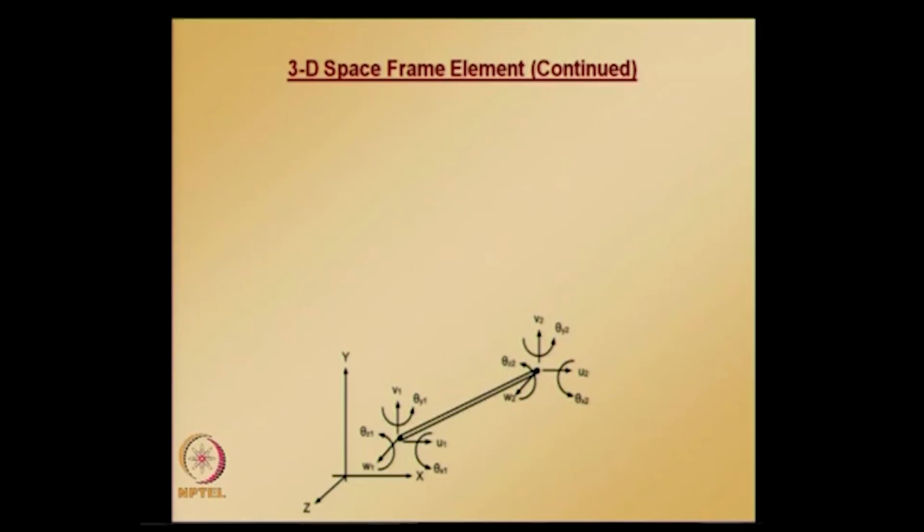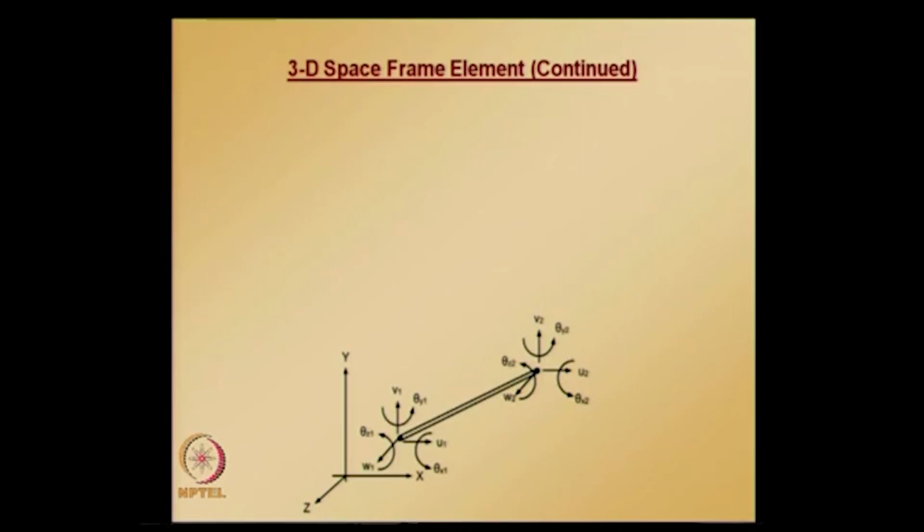These are the displacement values and rotations of this 2-node space frame element in the global coordinate system, that is u1, v1, w1, the displacements in X, Y, Z directions at node 1, and theta x1, theta y1, theta z1 are the rotations at node 1 in the capital X, Y, Z coordinate system, and similarly u2, v2, w2 and theta x2, theta y2, theta z2 are the corresponding displacements and rotations at node 2.